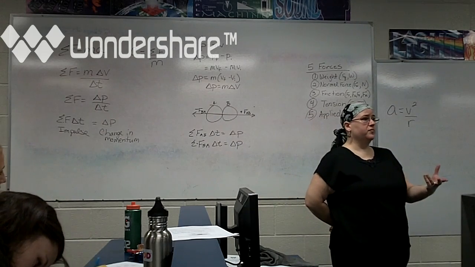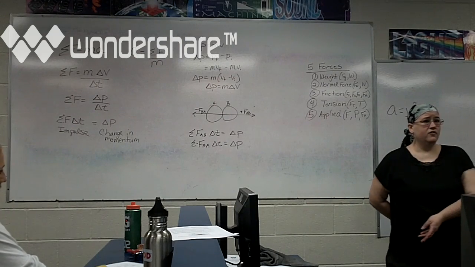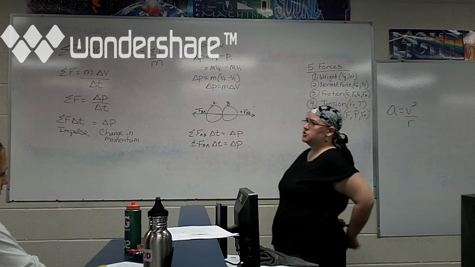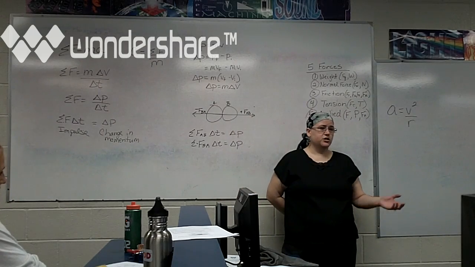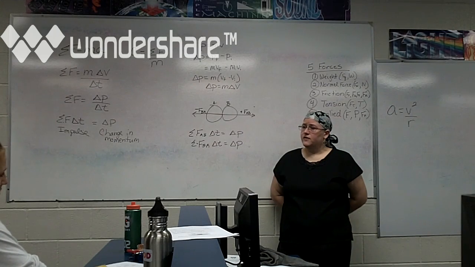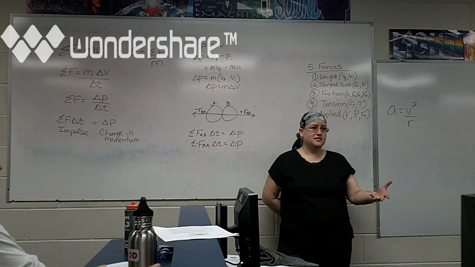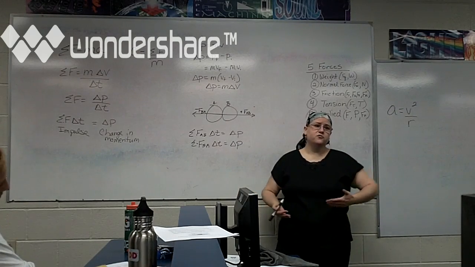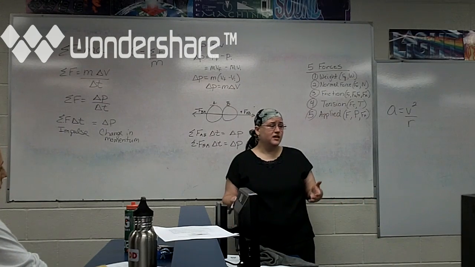So the changes of momentum are equal. They just happen to be in opposite directions. If you actually did this in a lab, you'd find that that would be the case. And that's how they get the law of conservation of momentum. Total momentum in an isolated system is conserved. Conserved meaning the same, equal. Absolutely equal.